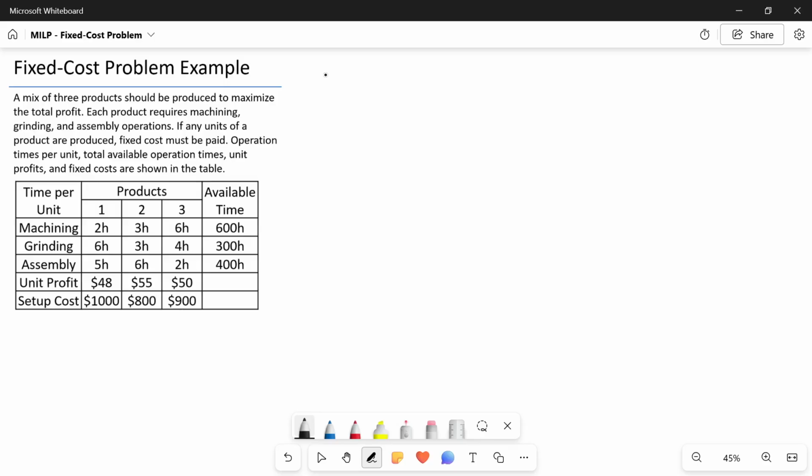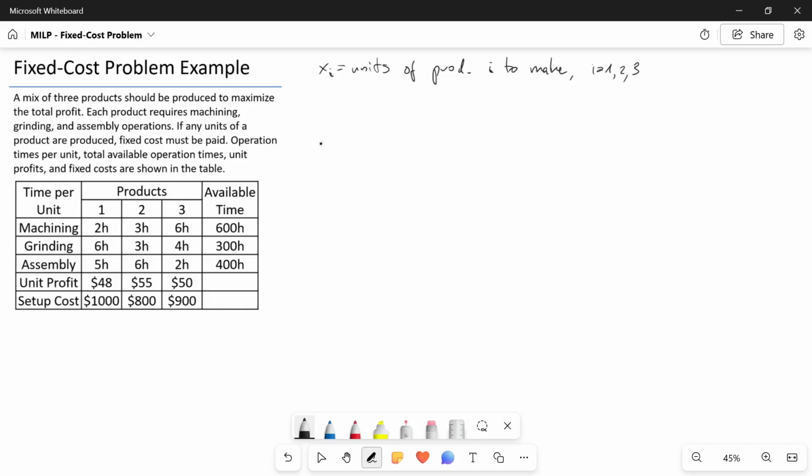So we can say we have decision variables xi, the units of product i to produce, for i equal 1, 2, and 3.